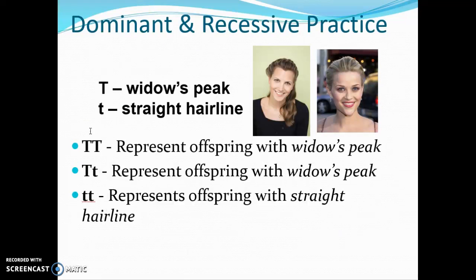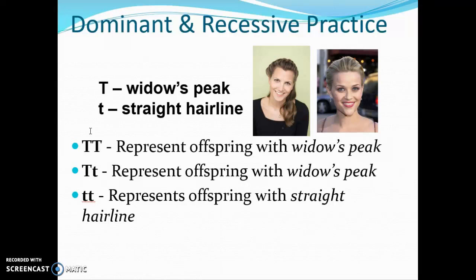This goes through an example. Using the letter T, capital T is going to be a widow's peak, which is the first image there on the left, where the hair comes to a point. And then lowercase t is going to represent a straight hairline, so you can see that on Reese Witherspoon there. If an individual has a capital T, they're going to show that widow's peak because it's dominant.